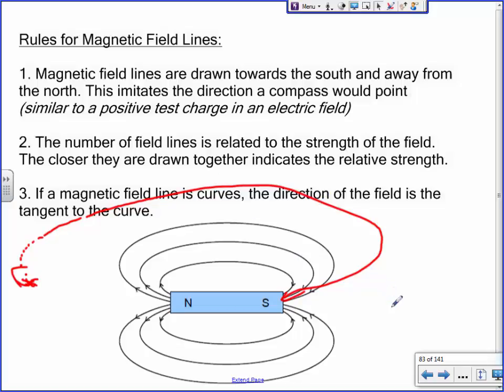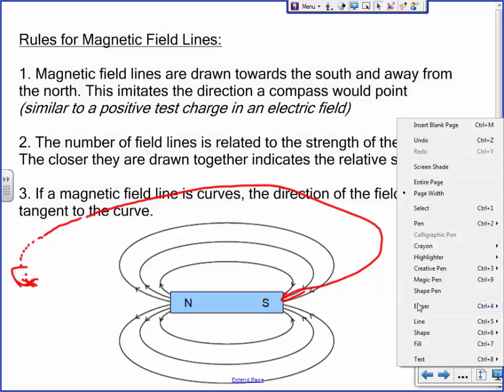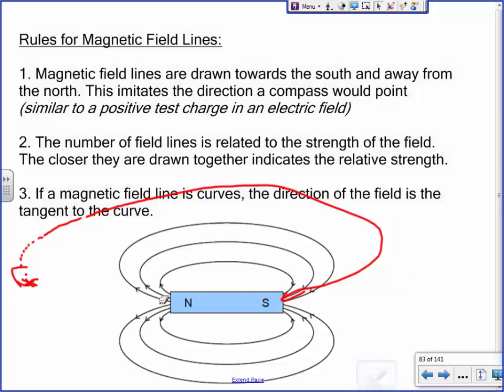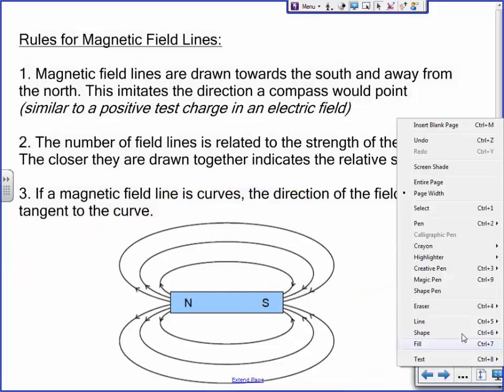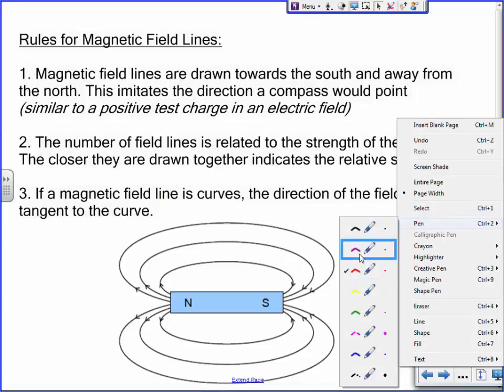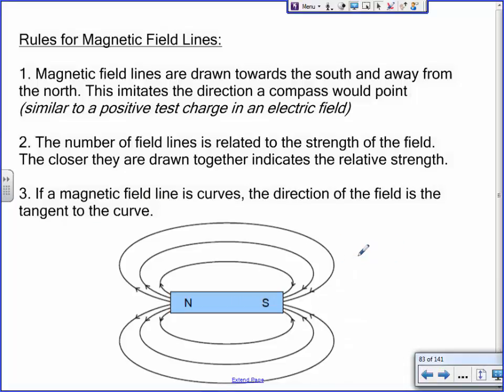So if there's a magnetic field and it's curved, we would actually consider it to be the tangent line. That's my point number 3. You remember what a tangent is, right? What's a tangent? Yeah. So at this point right here, the magnet on the compass would point that way, whereas if you were right here, the magnet on the compass would point that way.